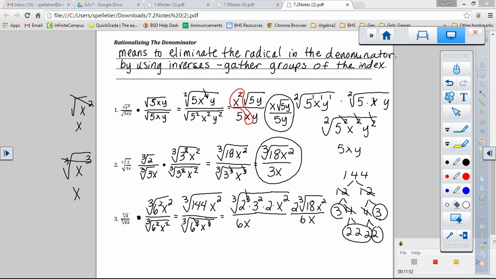So I've simplified, I've pulled out things that I can pull out. Now I just have to make sure that what's outside of the radical is simplified. 2 goes into 2 once. And 2 goes into 6 3 times. So my final answer is the third root of 18x squared over 3x. And I've eliminated the radical from my denominator.